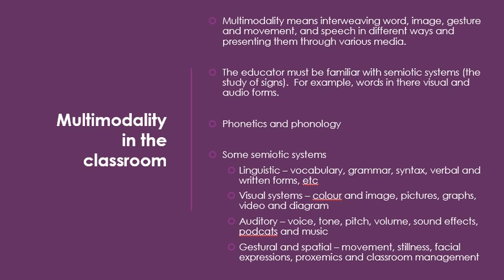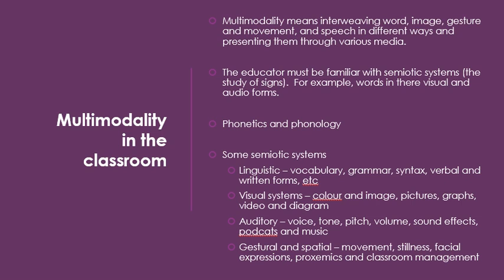So some of the main semiotic systems, you've got your linguistic semiotics, which is your vocabulary, your grammar, your syntax, your verbal and written forms, etc. So anything that you use linguistically, so any words, tone, your grammar, do you use casual words, do you use formal words? All of those will convey a message.